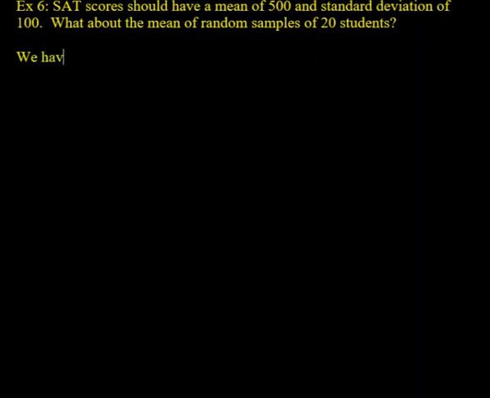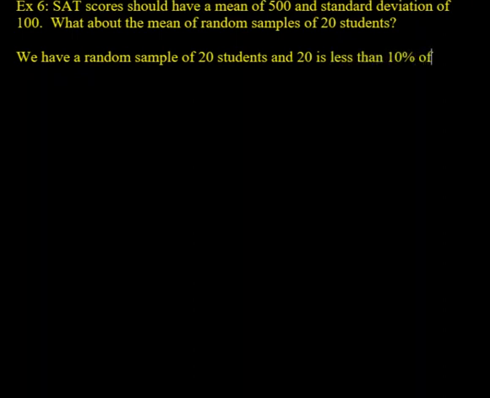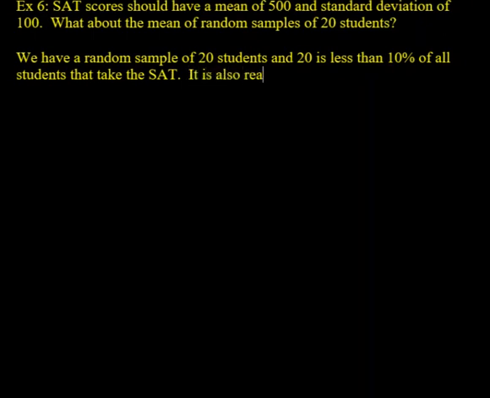So check the conditions. We have a random sample of 20 students, and 20 is less than 10% of all students that take the SAT. It is also reasonable to assume the distribution of scores of 20 randomly selected students would be unimodal and roughly symmetric.